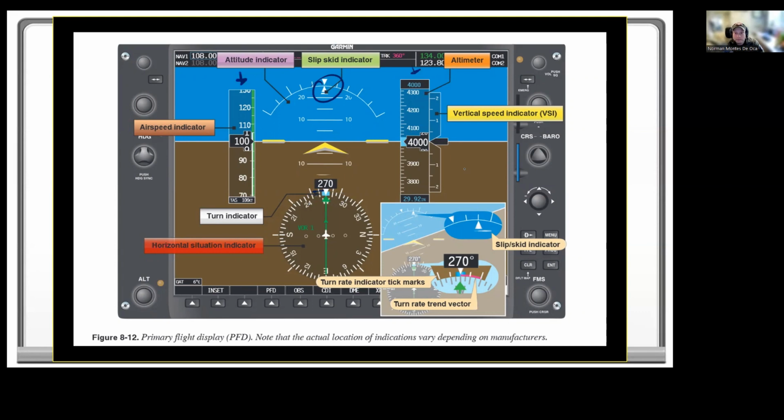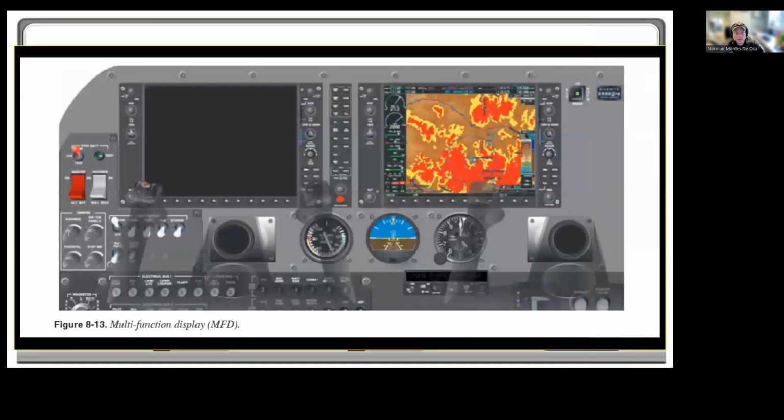Your altimeter and your vertical speed indicator are now ribbons rather than circles, and your horizontal situation indicator now combines information about your heading and your navigational aids like your VORs and GPS units. And then, of course, there's the multifunction display. Like we said before, it gives us information about our engine, moving maps, and airport information, and a bunch of other stuff too.